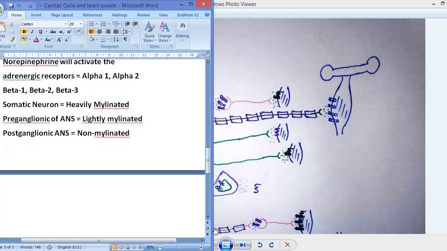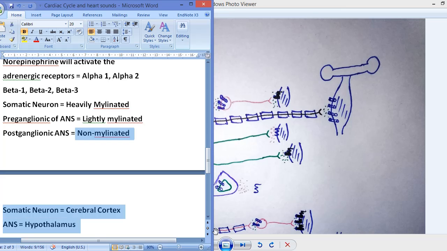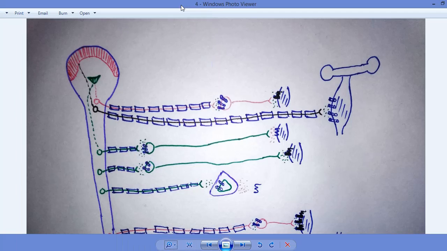So, last writing: the somatic neuron is controlled by the cerebral cortex, and the autonomic nervous system is majorly controlled by the hypothalamus. So this was all about the autonomic nervous system and somatic nervous system.